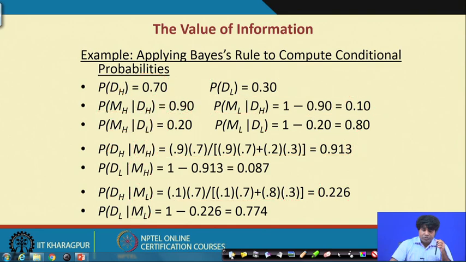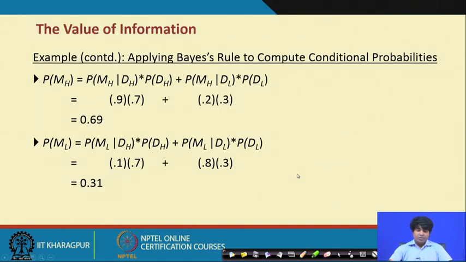So the value of information connected to this particular business deal, with respect to various alternatives and situations, can be effectively addressed through the value of information concept, and more accurately with the help of Bayes theorem. Now the final requirement is to compute the conditional probability, that is, the high market demand.